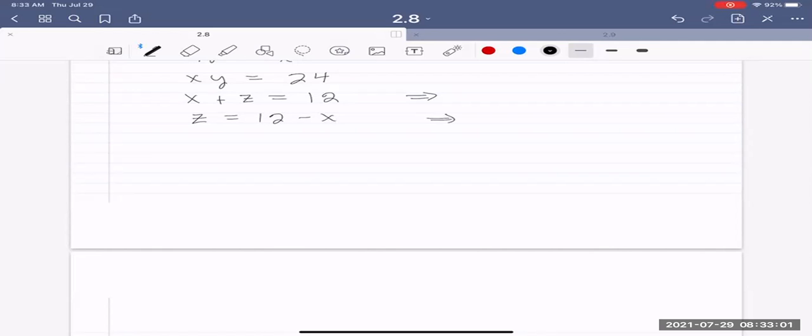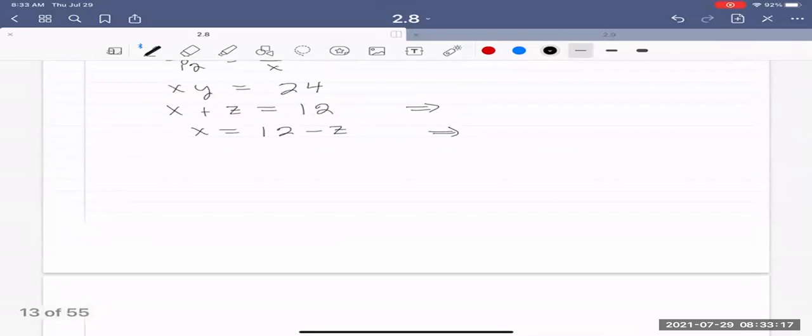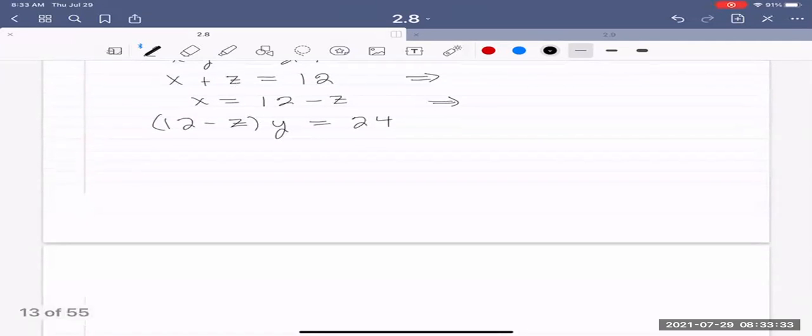And so I have, let's figure out what x is. X is 12 minus z. Therefore, my x times y becomes x times y is equal to 24. Okay. So now let me differentiate both sides of this equation.